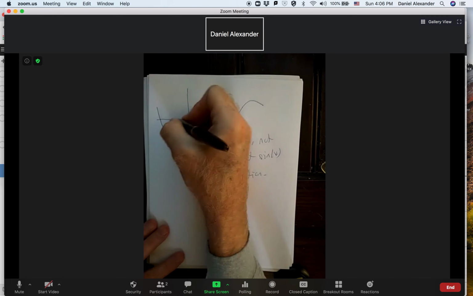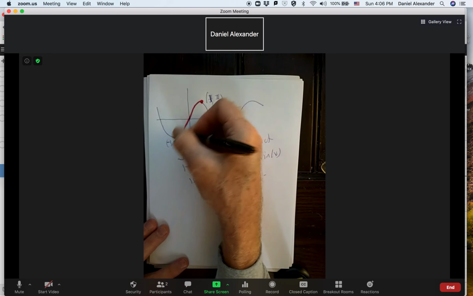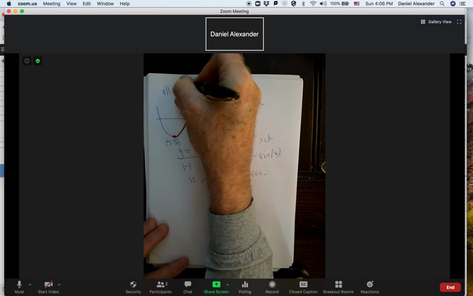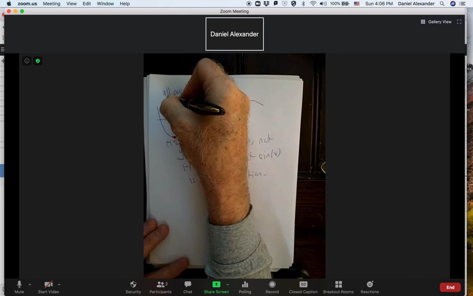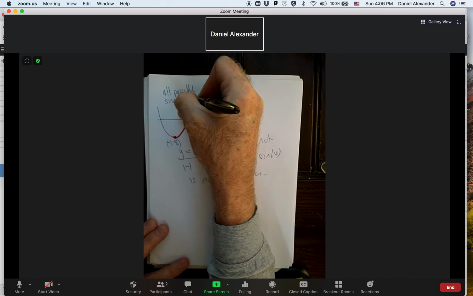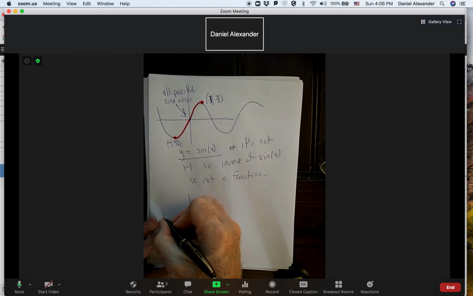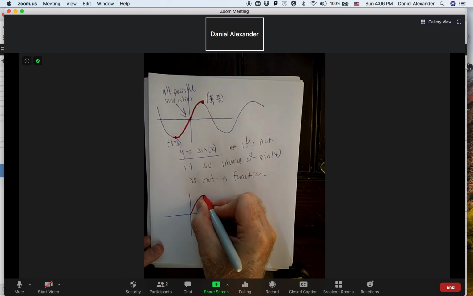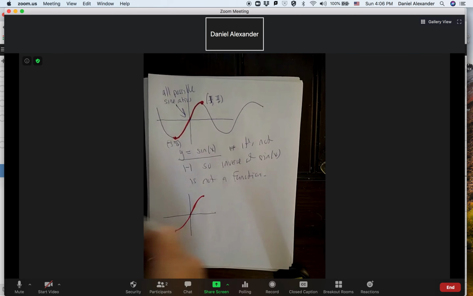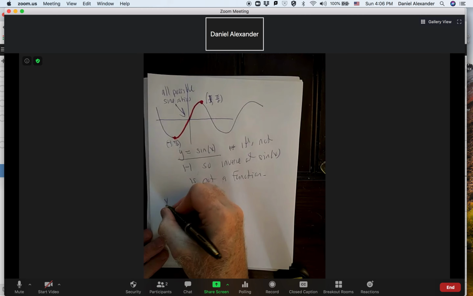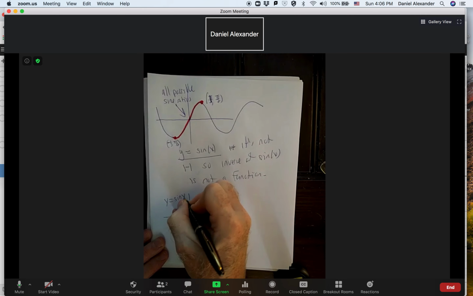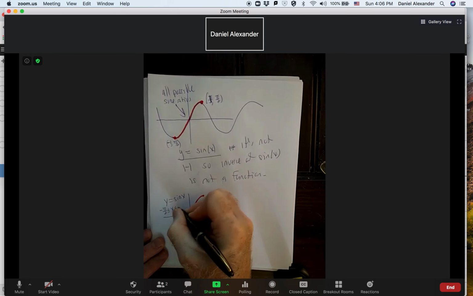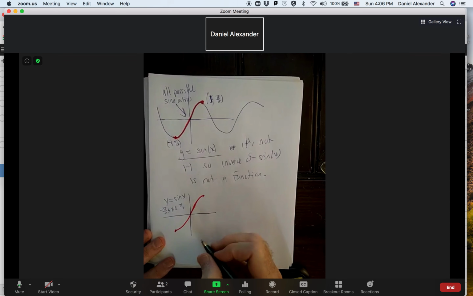Okay, so this covers all possible sine ratios. So we're just going to look at this particular part of the sine, the part that I did there. So y equals sine x, where x is between -90 degrees and positive 90 degrees. That gives me all possible ratios.